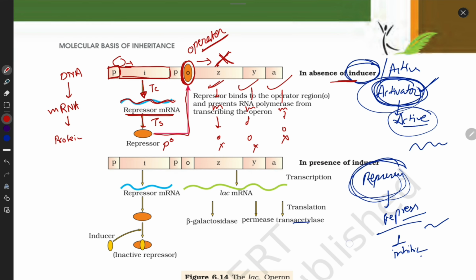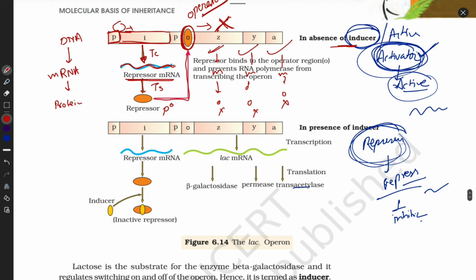But if the inducer comes, what kind of inducer? Lactose. That's why we call it the lac operon. If we provide lactose to bacteria, let them eat, the bacteria become active and make inducers.